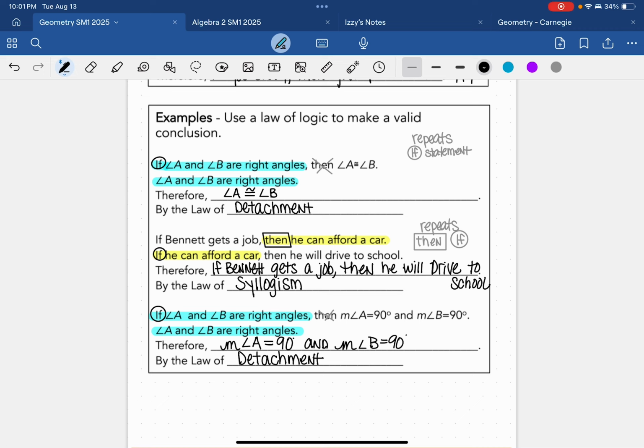If you have anything else, you cannot make a valid conclusion, and there is no law. By the law of, leave it blank, cross it out, because if you do not have either one of these patterns, then you cannot use one of these laws, and your answer is no valid conclusion. Good luck, and I'll see you next week.